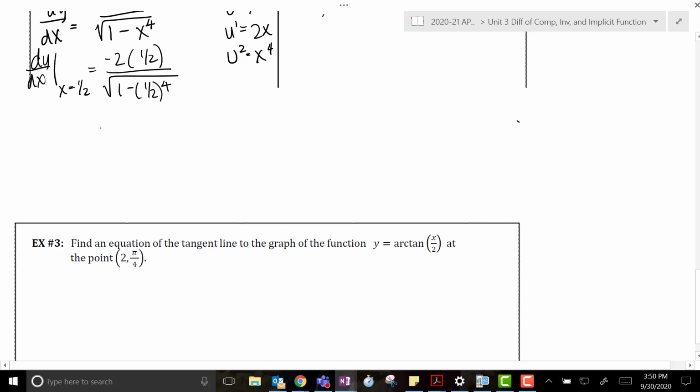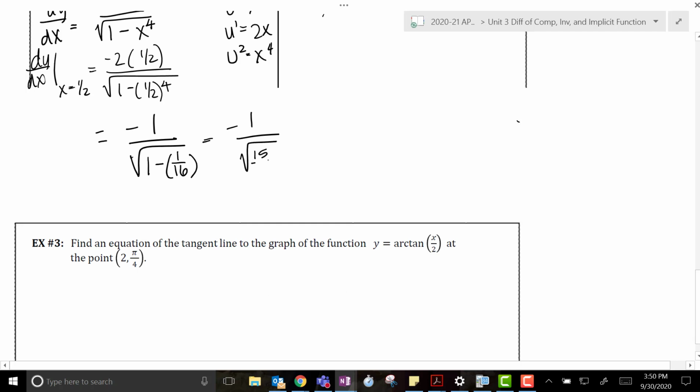Negative 2 times 1/2 is negative 1. And 1/2 to the 4th, I should not have chosen 1/2. Think 1/2 times 1/2 times 1/2 times 1/2, which is 1 over 16. So we have negative 1 over the square root of 1 minus 1/16.